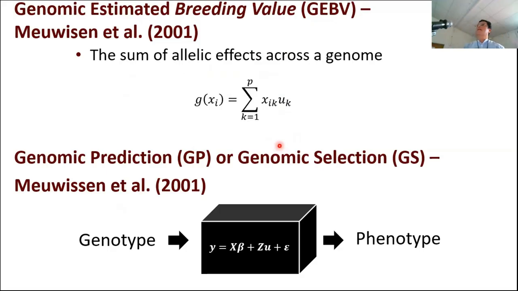Then what the group in Australia did is to extrapolate that to a concept that they call genomic selection, whereby if you have these effects calculated and you've got a model developed based on a collection of genotypes and phenotypes, you can then go from genotype to phenotype and actually predict a phenotype.